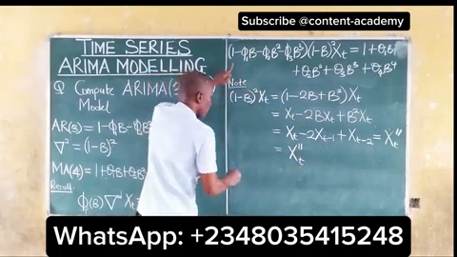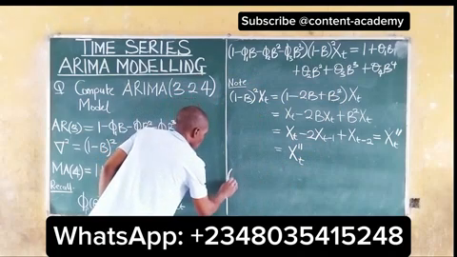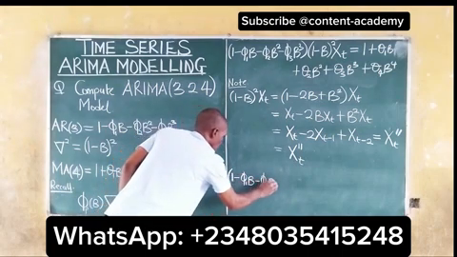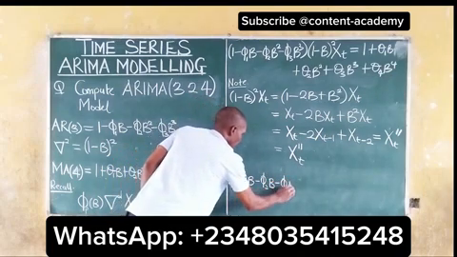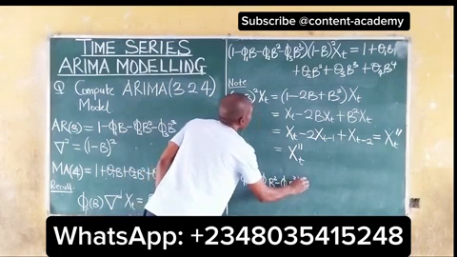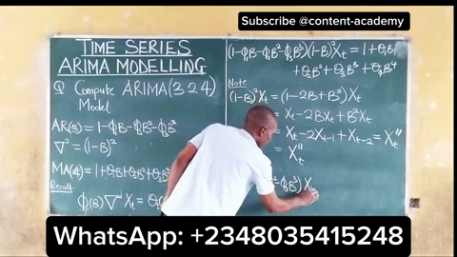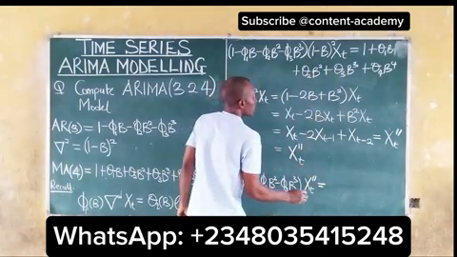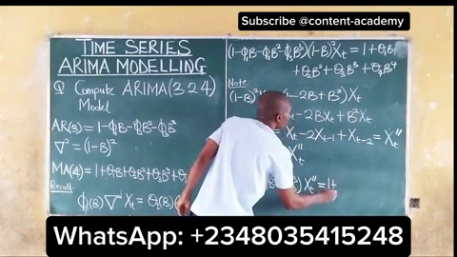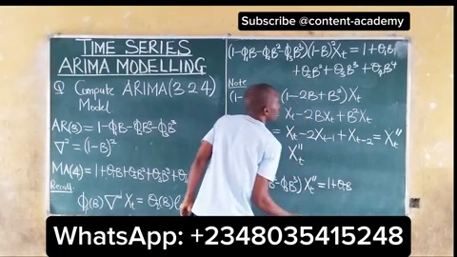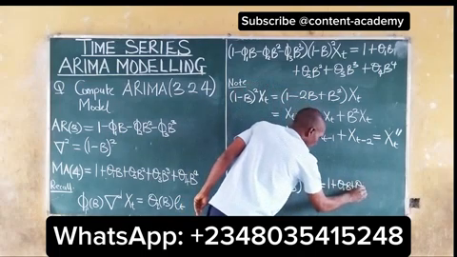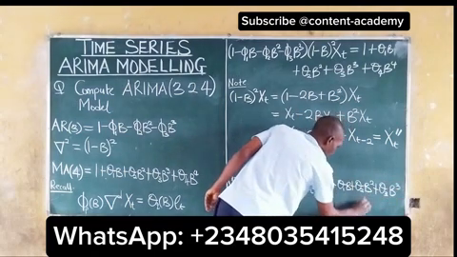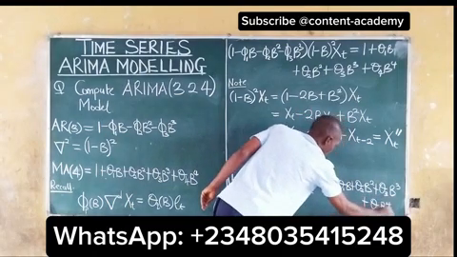So that means our model will now be 1 minus phi 1 B minus phi 2 B squared minus phi 3 B cubed, then Xt double prime, to be equal to, because the whole of this is this, 1 plus theta 1 B plus theta 2 B squared plus theta 3 B raised to the power of 3 plus theta 4 B raised to the power of 4.